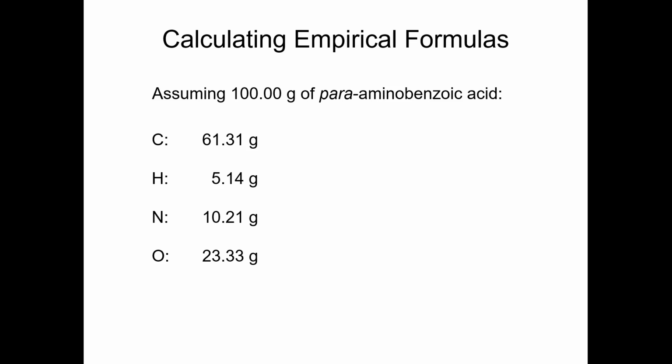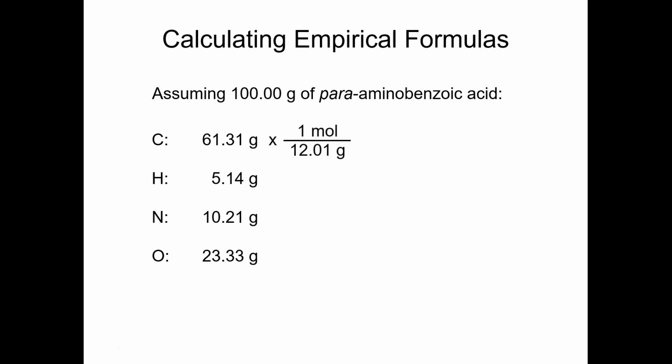I can't tell anything by just the ratio of these masses because, of course, each element has a different molar mass. So 61 grams of carbon is a different number of moles from 61 grams of oxygen or 61 grams of nitrogen, et cetera.